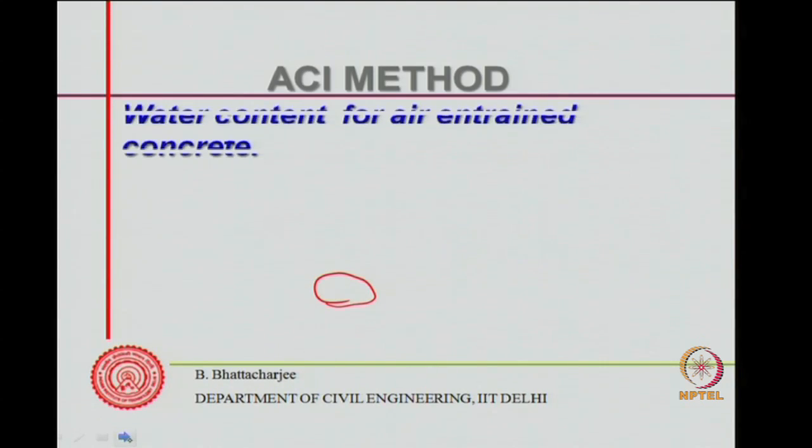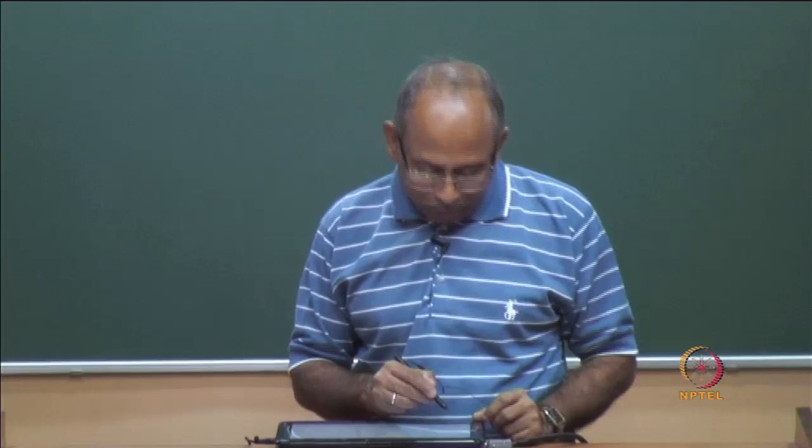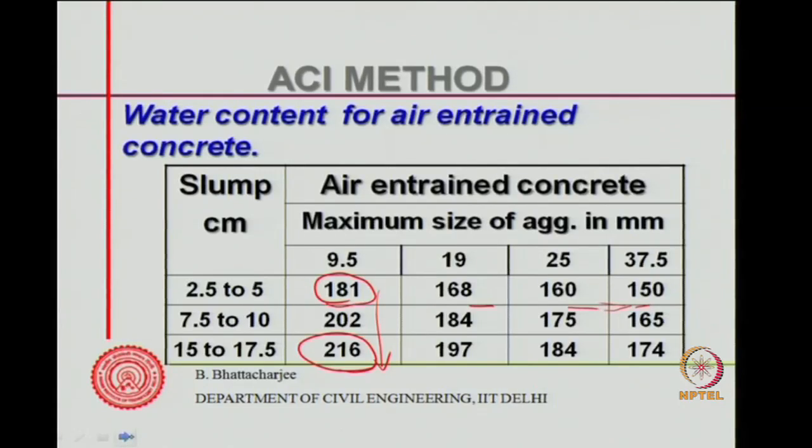So the water content for air entrained concrete is much less, and as you increase your slump, water content increases. This was 243 for non-air entrained concrete, for air entrained concrete this is 216, and as you go along this direction it reduces. So, this is the first step. If you know the slump and MSA, you determine your water content for the given MSA and given slump.